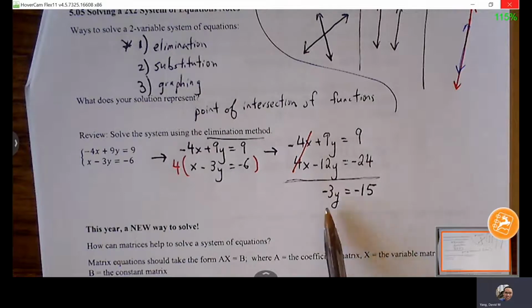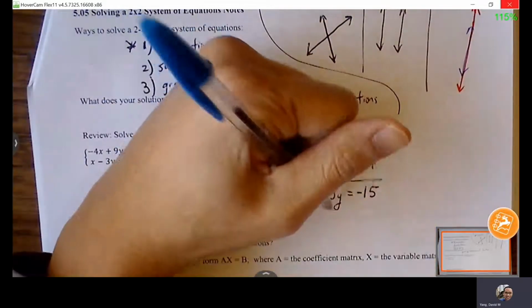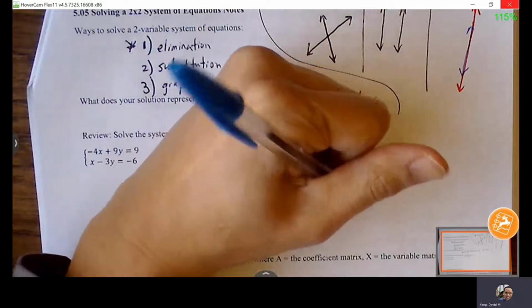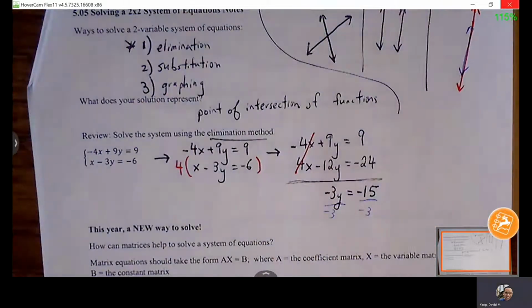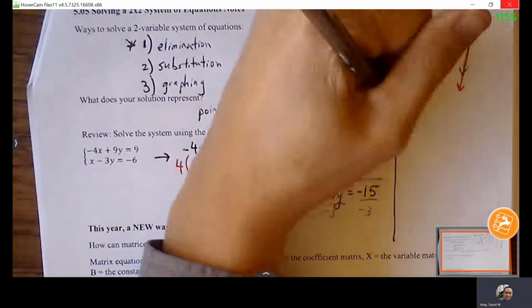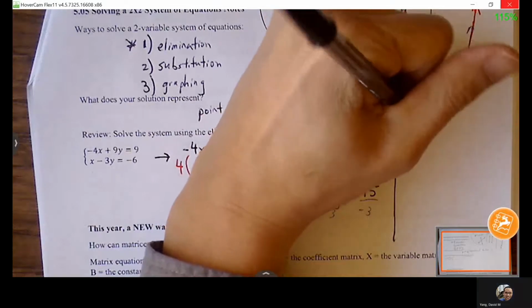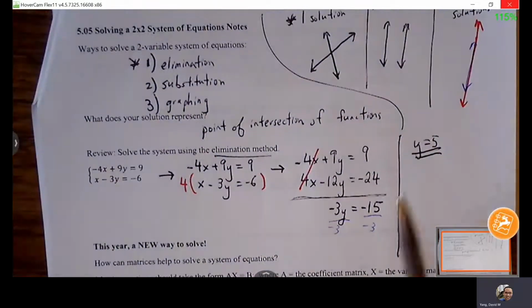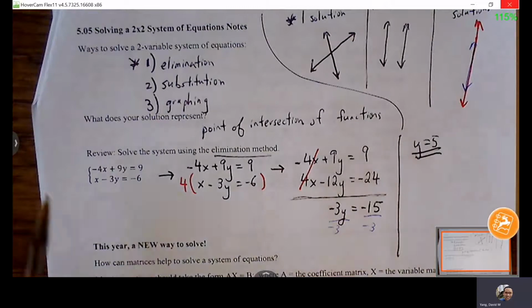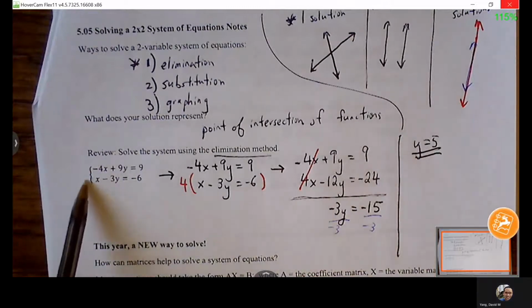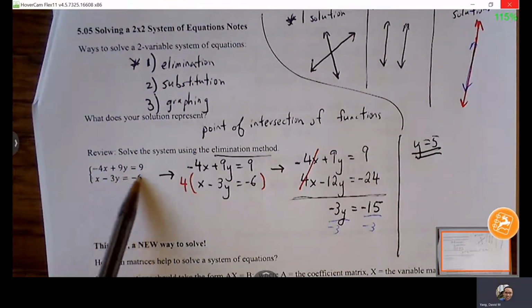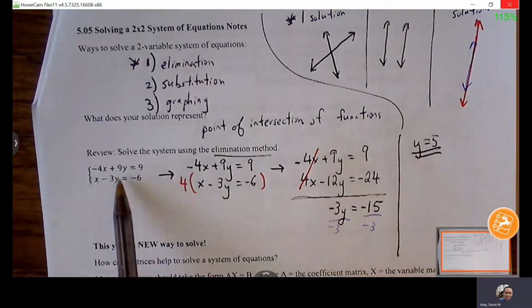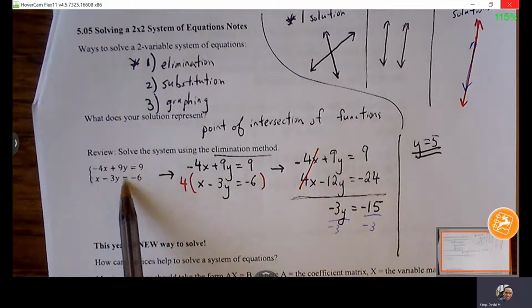So I'm going to solve for y, divide both sides by negative 3. Y equals what? Y equals 5. I'm going to go back to either of my original equations. Looks like the second one seems easier to plug in. So I'm just going to insert the 5 in for y of the original equation. Doesn't matter which one.